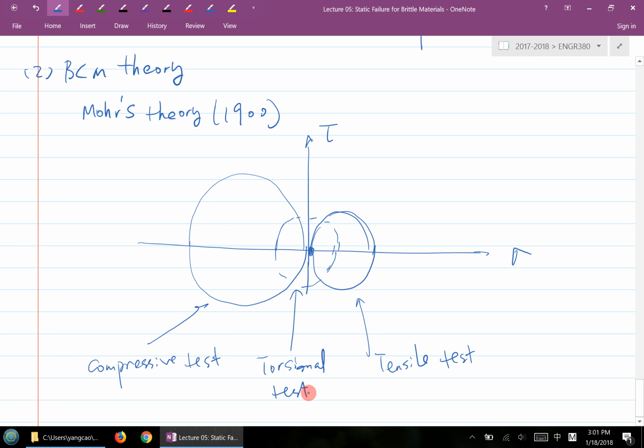After you've done the three different tests, we could look at the three Mohr circles and try to draw some sort of boundary, which we call the failure envelope.